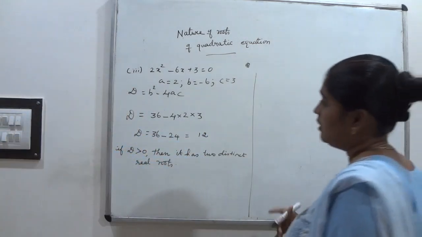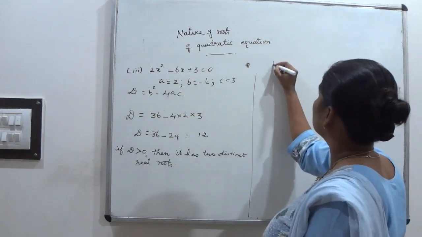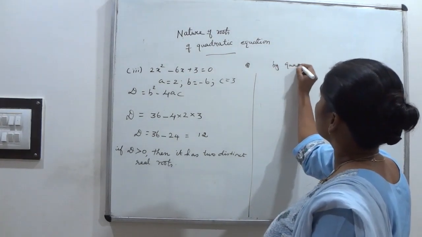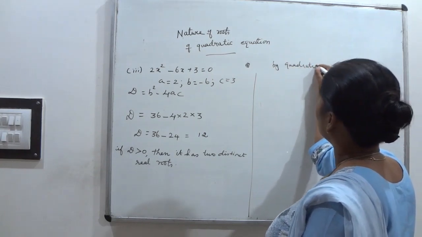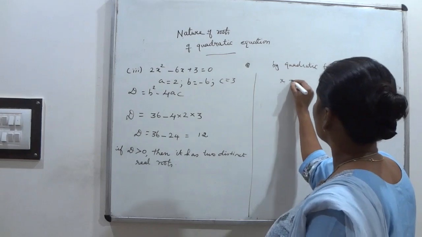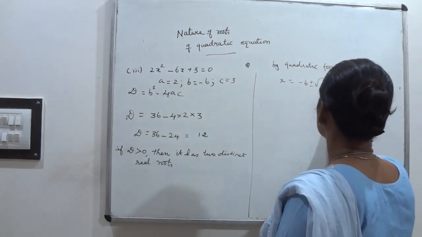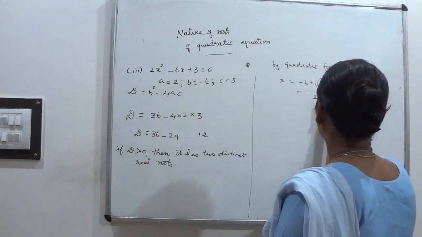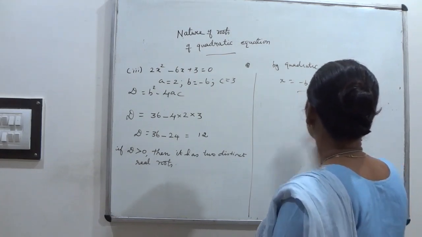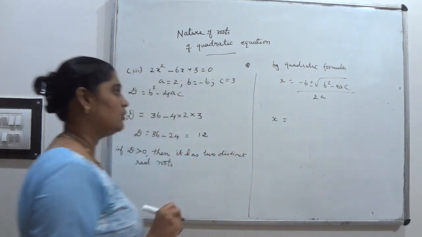It has the real roots, then you have to find them by any way. So, here I am going to use a quadratic formula. By quadratic formula, x is equal to minus b plus or minus square root of b square minus 4ac upon 2a, because I already have b square minus 4ac value.